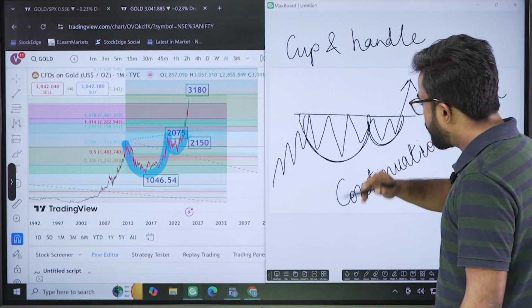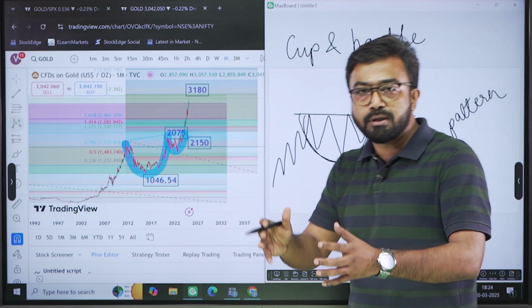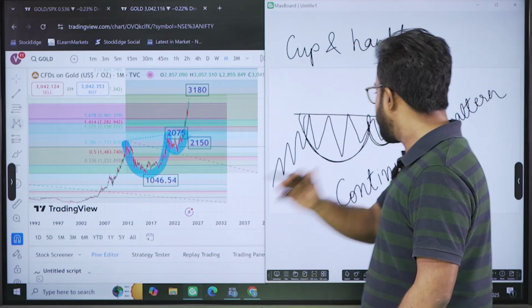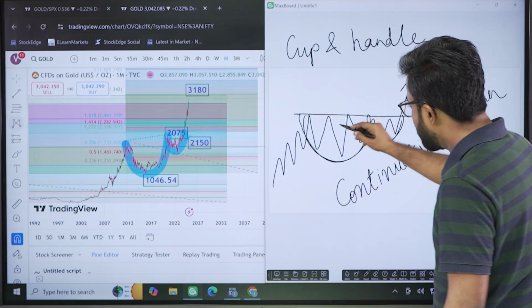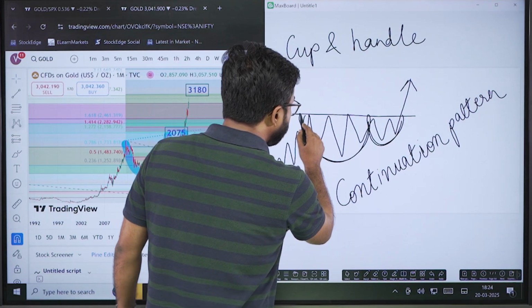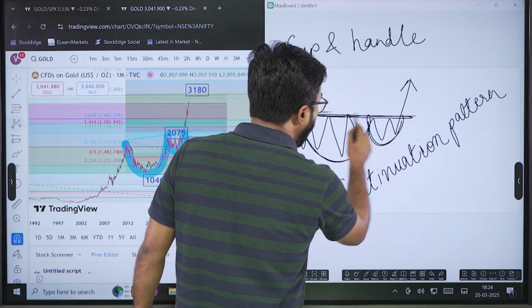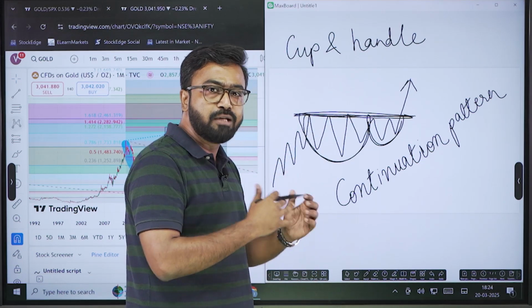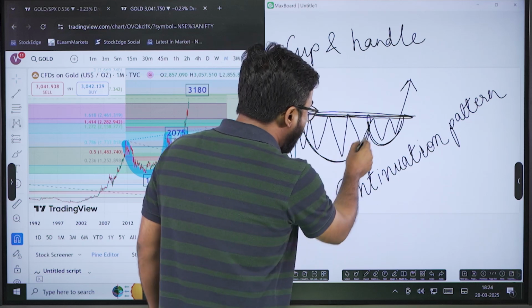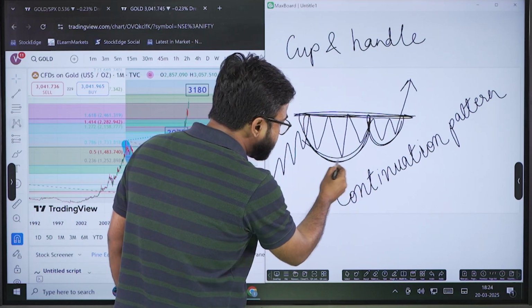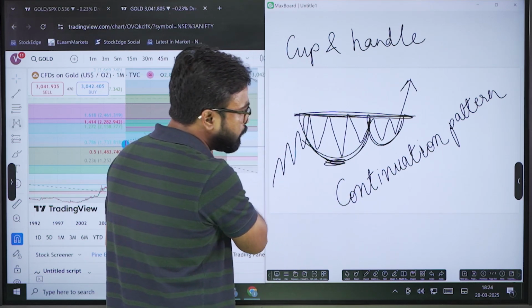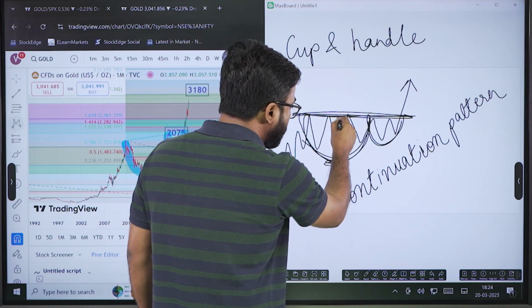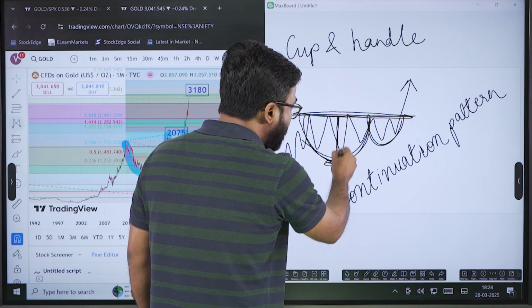Fine. So, how we should study this cup and handle pattern? Please do watch. So, this is basically the high, or just like the neckline of head and shoulder or inverse head and shoulder, fine. And this is the cup, this is the lowest point of the cup, fine. Now, you need to measure this height.